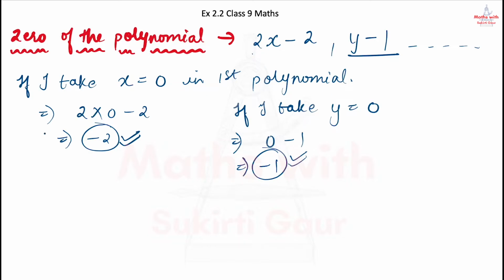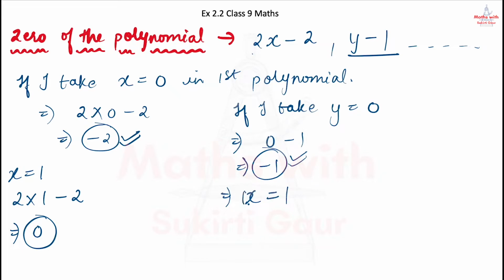But what if I take x equals to 1 for the first polynomial? Then we will be getting 2 into 1 minus 2, that is 0. And here if I take y equals to 1, then I'll be getting 1 minus 1, which is 0.